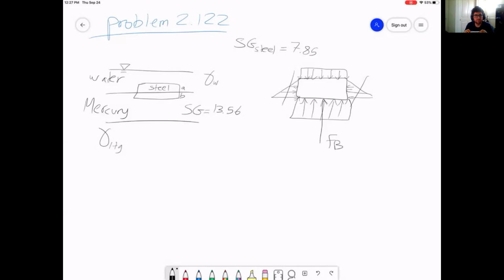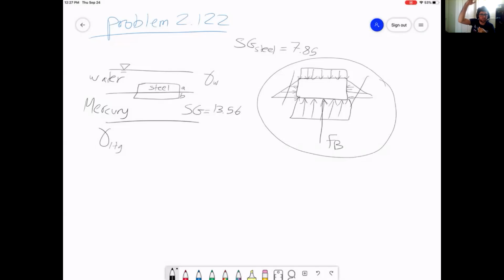Right? So how many buoyant forces do you have? If this is the case, we have two buoyant forces. Yes, because we have mercury and water, and they're both trying to lift this object up.